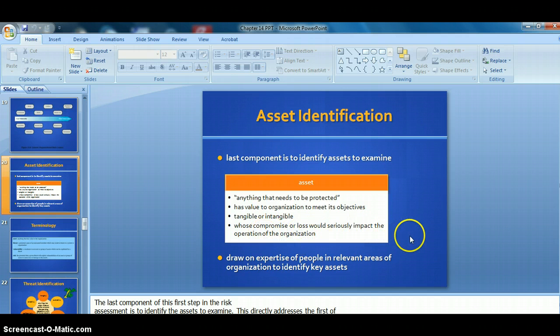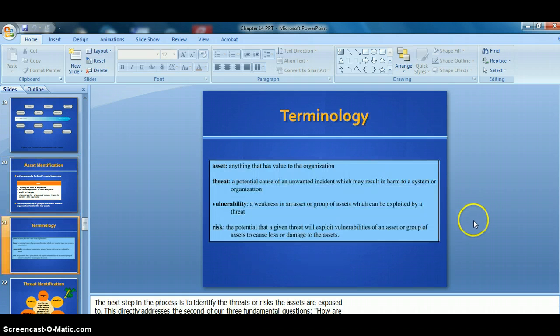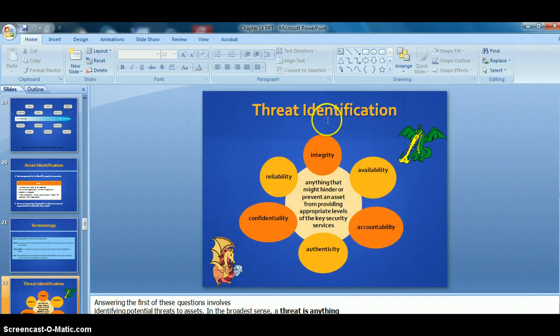Also, when we continue here with threats identification, a threat is defined as anything that might hinder or prevent an asset from providing an appropriate level of the key security services.